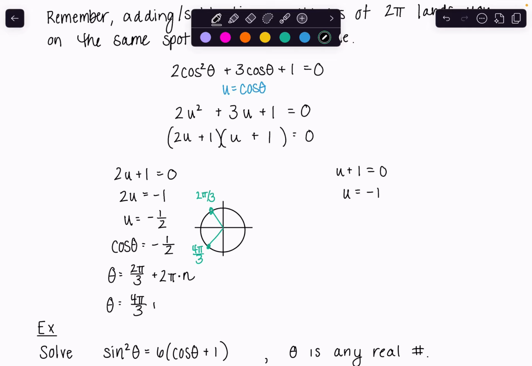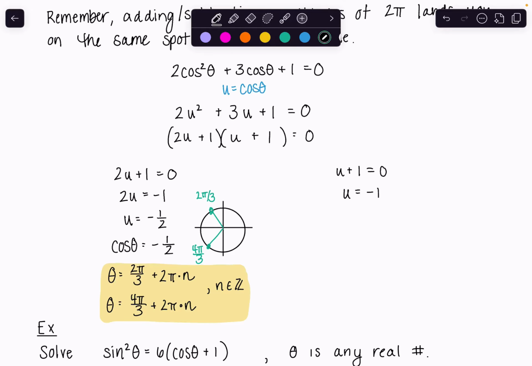And same thing here, as long as I go around 360 degrees or multiple of that, I'll land in the same spot on the unit circle. So this is where this n is an integer. It's just representing the number of times you go around the circle. And if it's negative, that tells you you're taking those backwards revolutions.